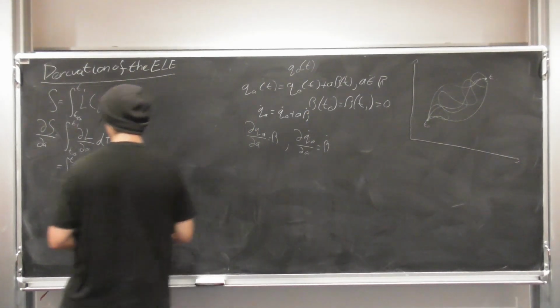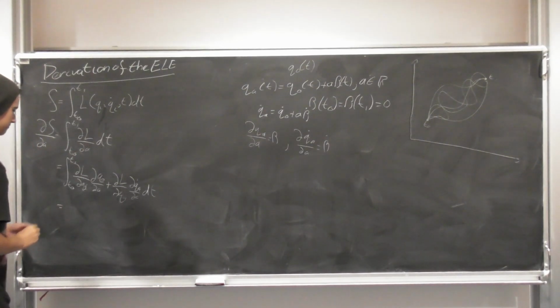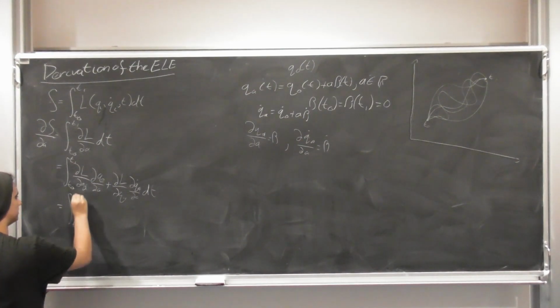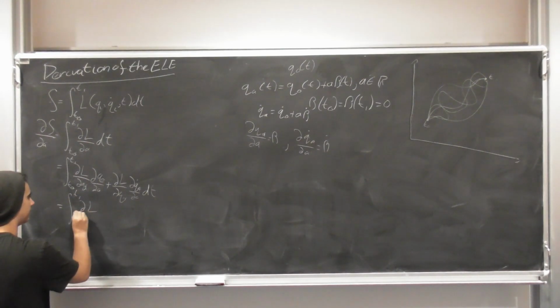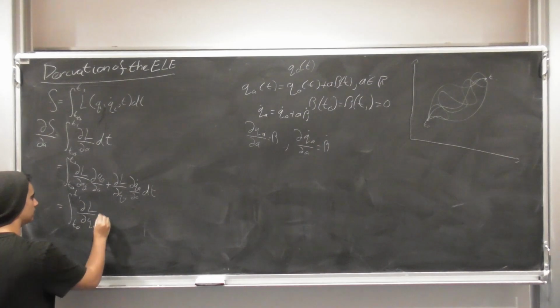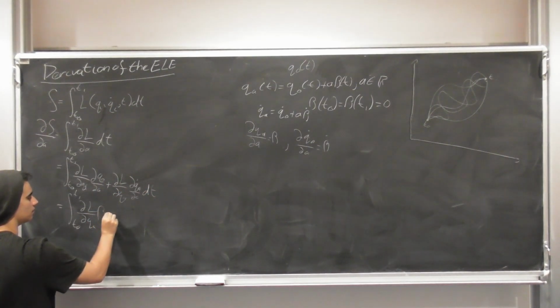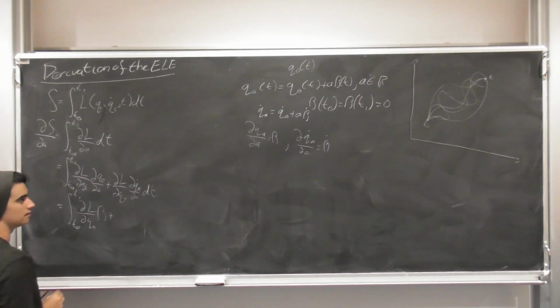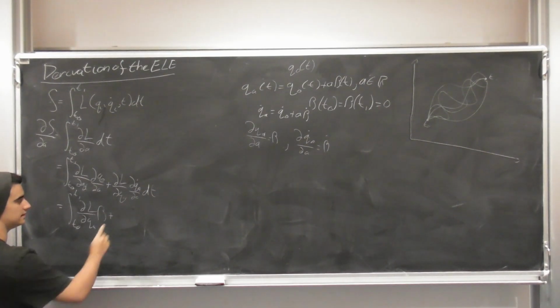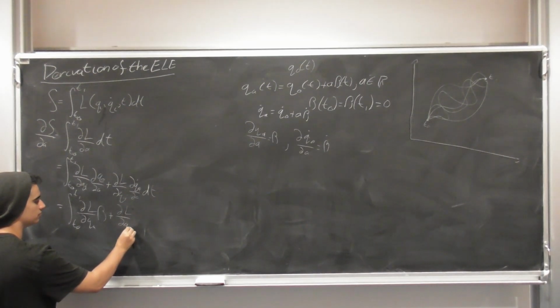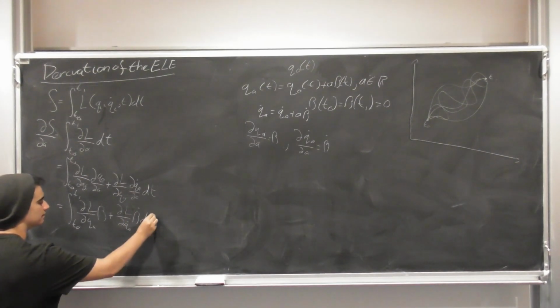And swapping this back into our formula down here, we'll get the integral from t0 to t1 of ∂L/∂q_a times beta plus ∂L/∂q̇_a times beta dot dt.